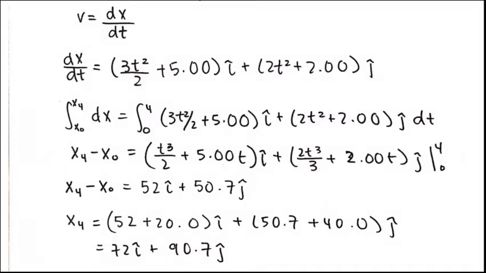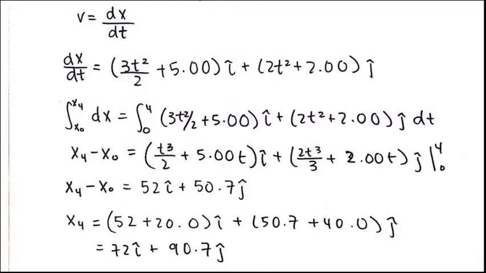And so you can take the integral of the acceleration vector, and you can just treat i and j as constants. And you get that the velocity is equal to 3t squared over 2 i plus 2t squared j plus some constant.